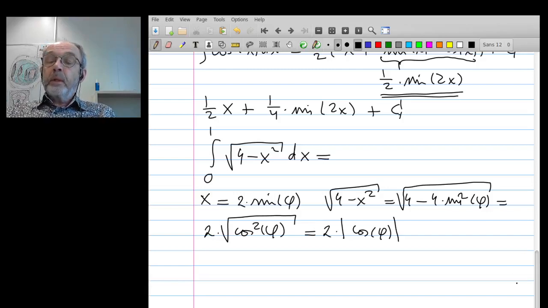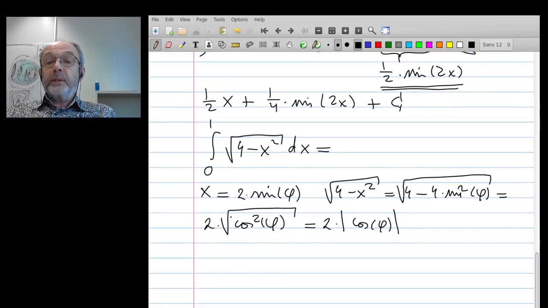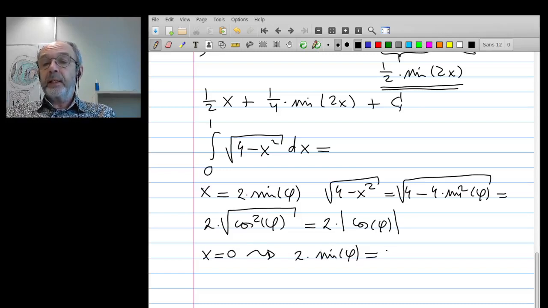Now, what do we see? Can we let the absolute value brackets away or not? For instance, if x is 0, then you see that 2 times the sine of phi is equal to 0, and so you can take for your phi 0.